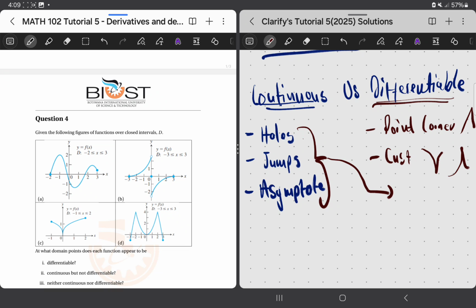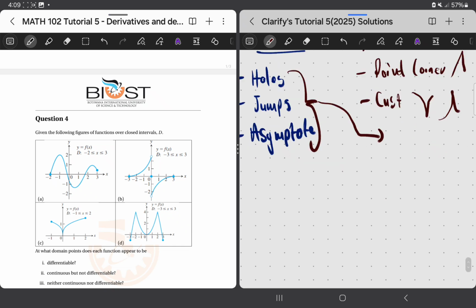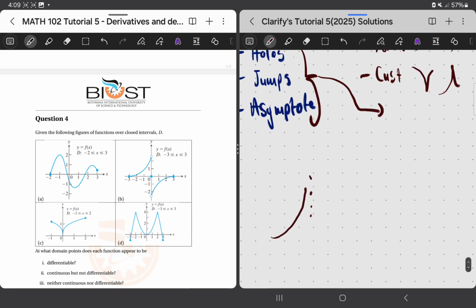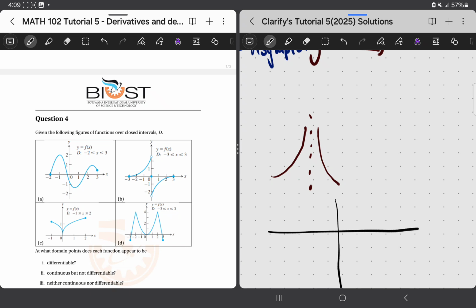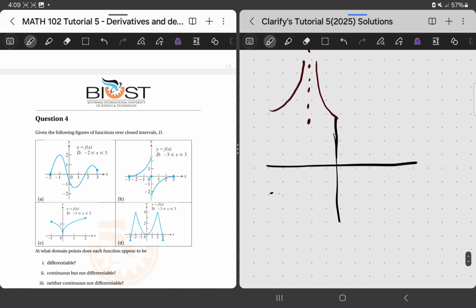If there is no continuity, there's a jump or a vertical asymptote, not a horizontal one, then you are going to have something which is not continuous. A horizontal asymptote does not affect continuity. We can have a function which approaches a horizontal asymptote like this, and this is a continuous function.